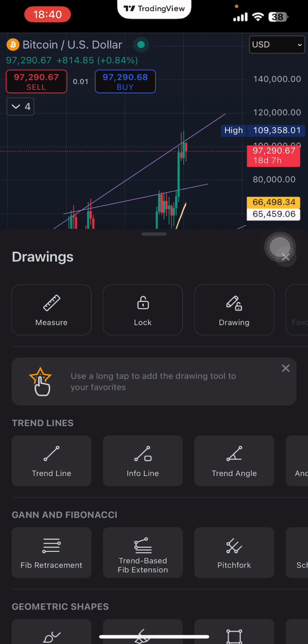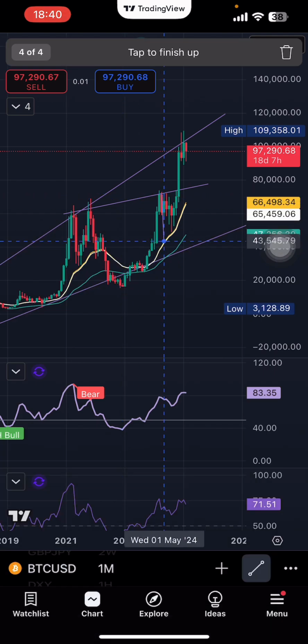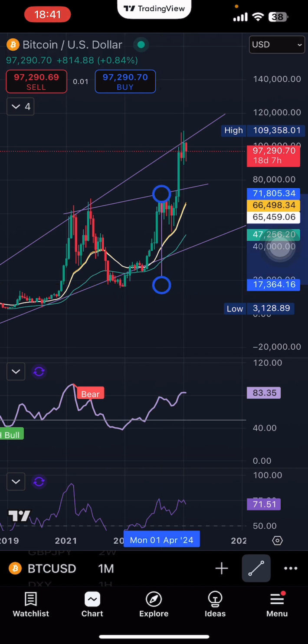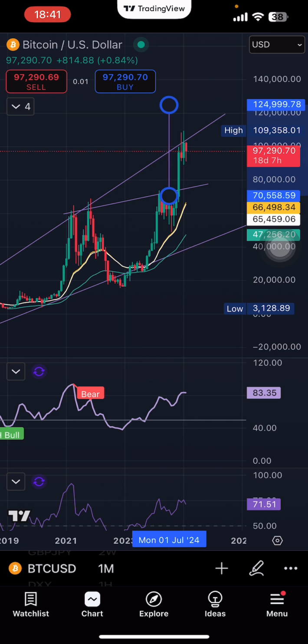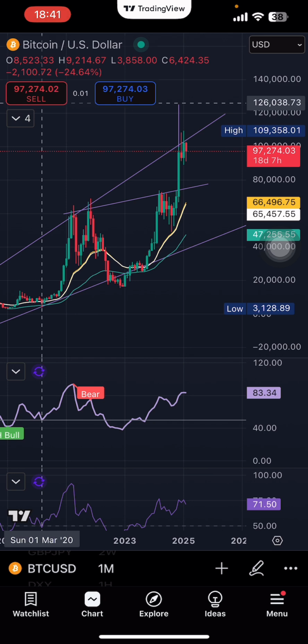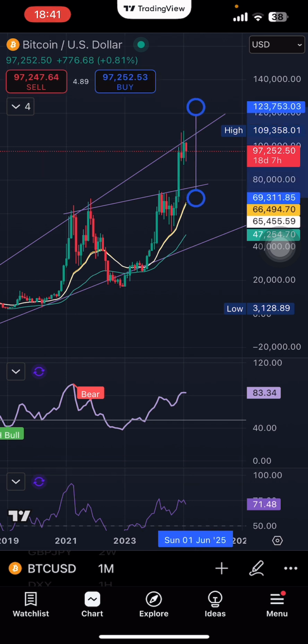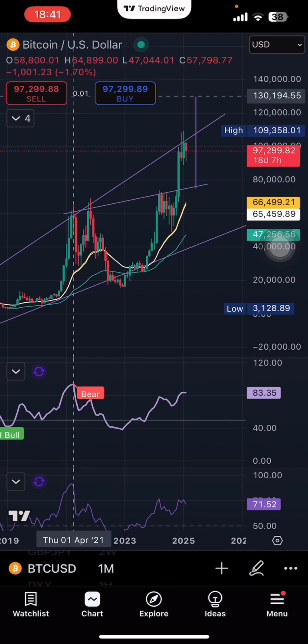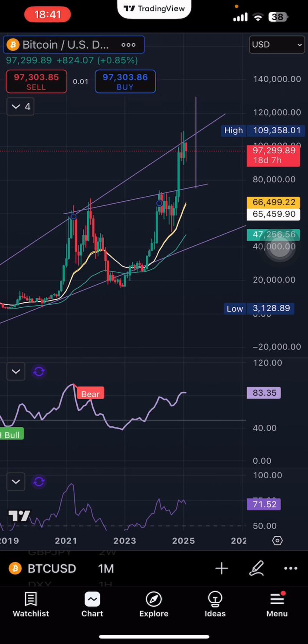So it's valid, and this is an inverse head and shoulder from the charting that I just showed you. For the inverse head and shoulder, you're going to measure from the top to the body, just the body alone, top to bottom. So price action, I think it should be around 130, 129k.